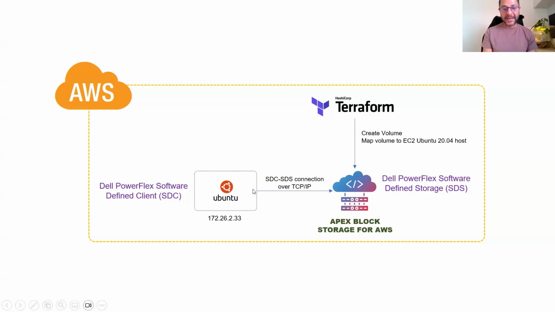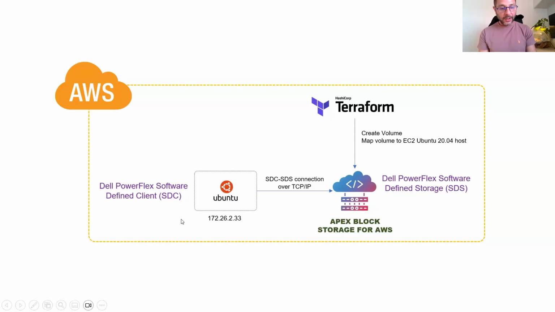This is already connected through the SDC-SDS connection over TCP/IP to the block storage layer running inside of AWS. What we are focusing on is using Terraform to, A, create the volume, and B, mount whatever volume gets created to the EC2 host, so that it can start consuming the volume.